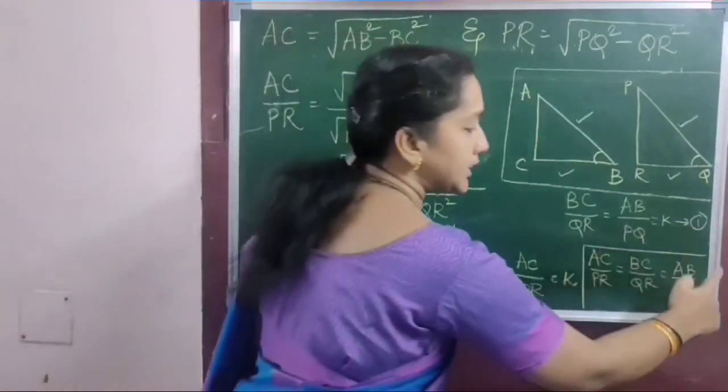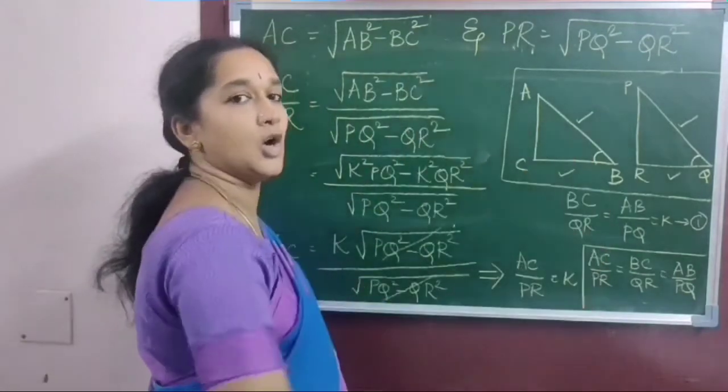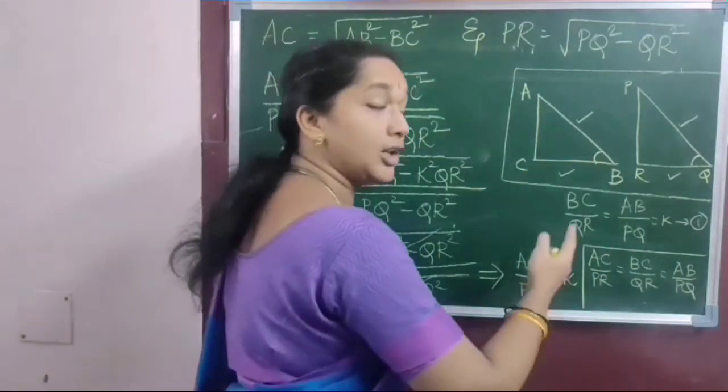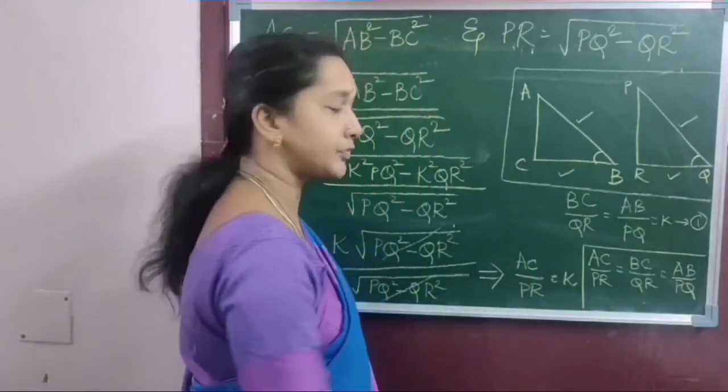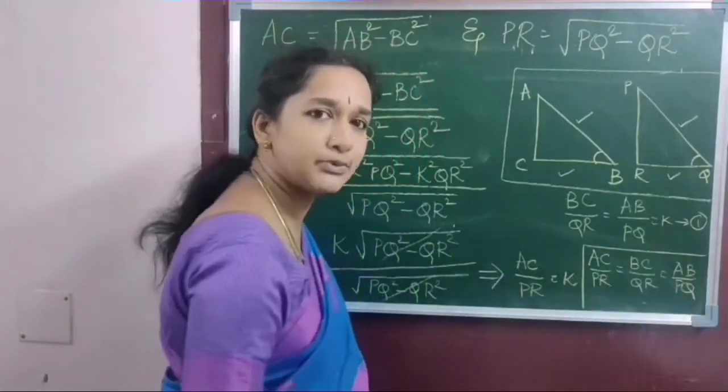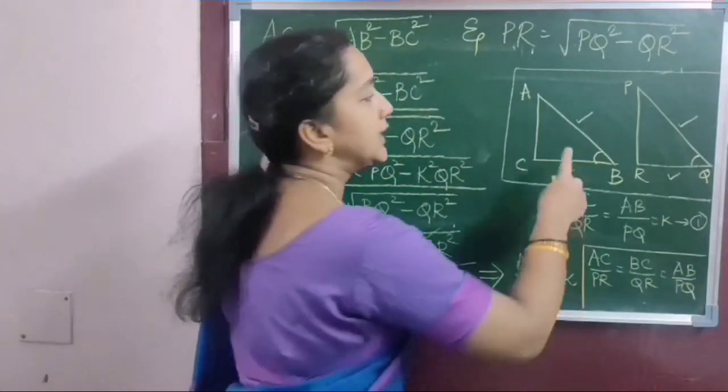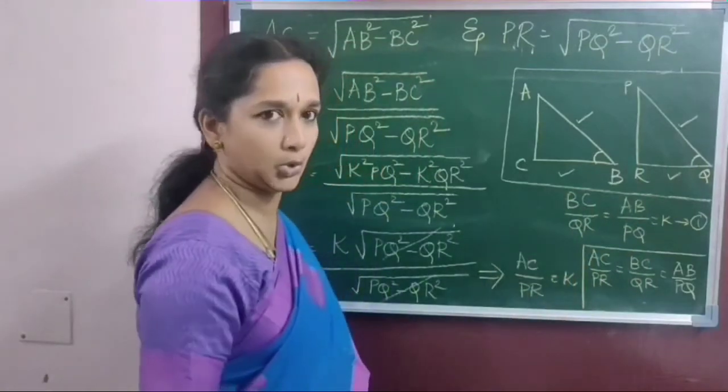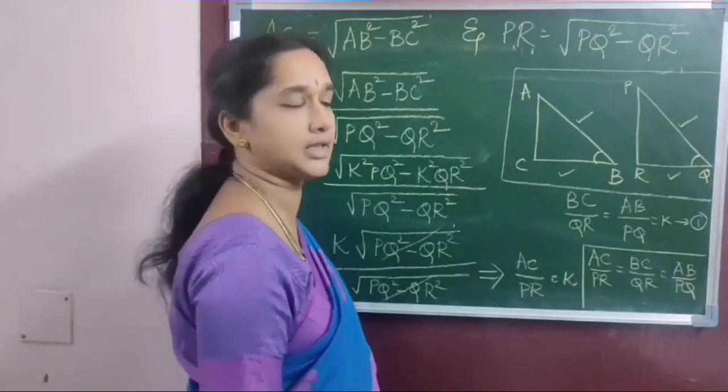So what was the question we were asked to prove? Since all three sides of the triangle are in equal ratio, the angles will be equal. That is the property of similar triangles.